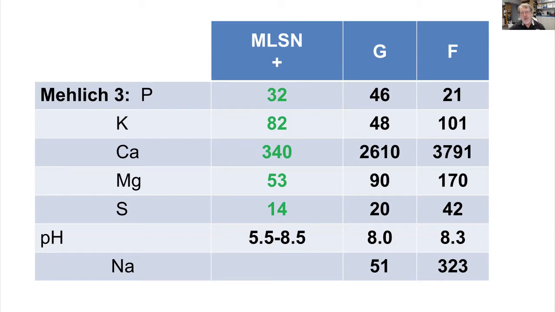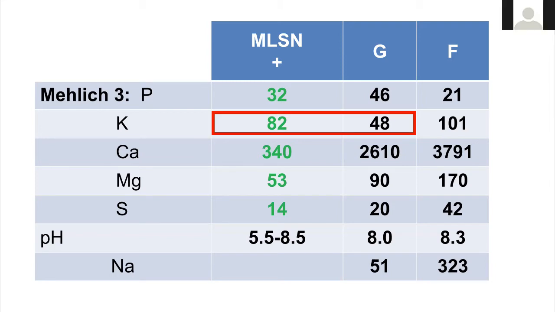Greens are lower than they need to be for potassium, but the fairways aren't. Plenty of calcium, plenty of magnesium, plenty of sulfur. The pH is okay. And I put the sodium down here on the bottom for reference in case we get to it later. But you can see sometimes during the year with the sea spray, sodium gets way out of whack. We'll see if we can get to that a little bit later.